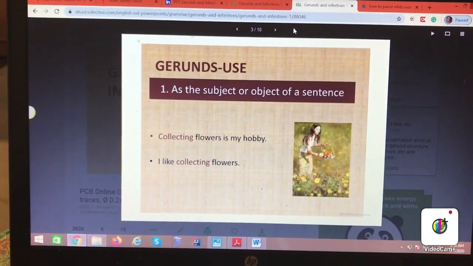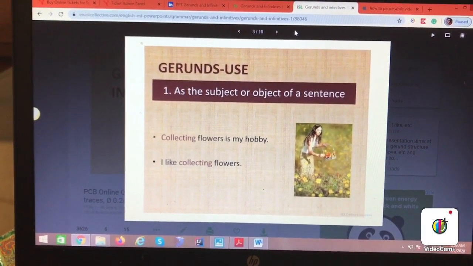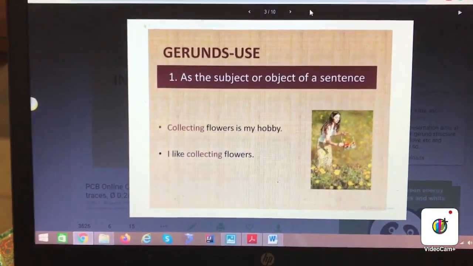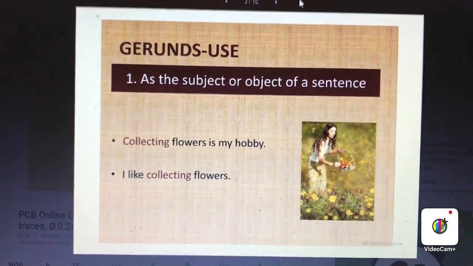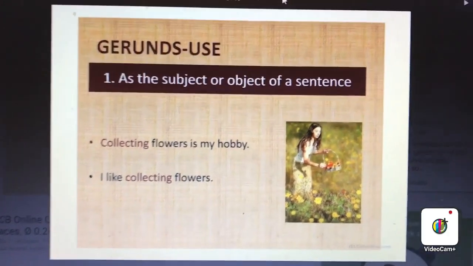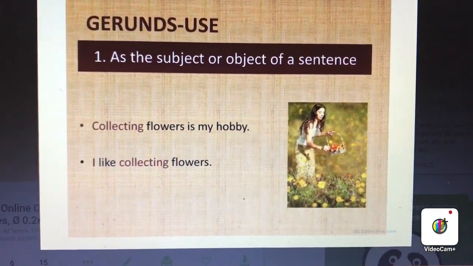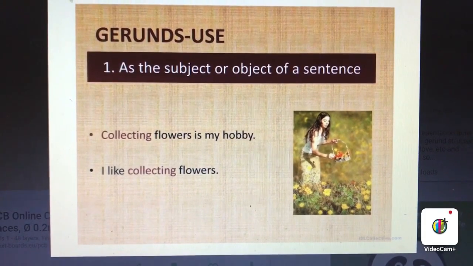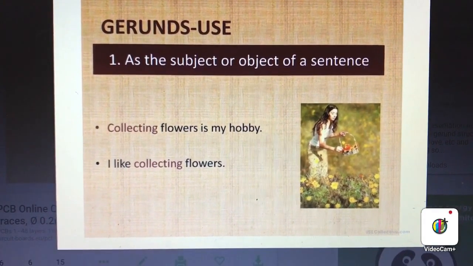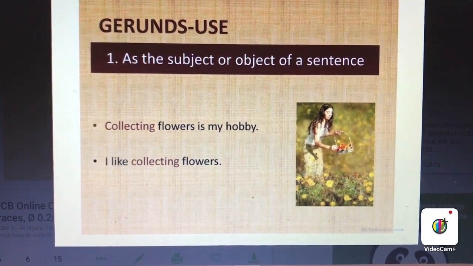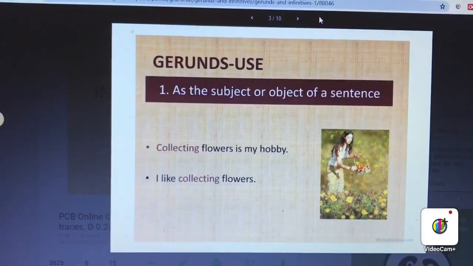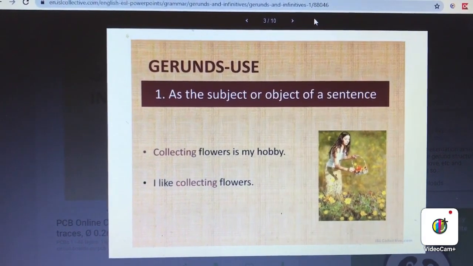We use gerunds as the subject or object of a sentence. For example, look at sentence number 1. Collecting flowers is my hobby. Collecting flowers is the subject in this sentence. In the next one, we are using collecting as an object.